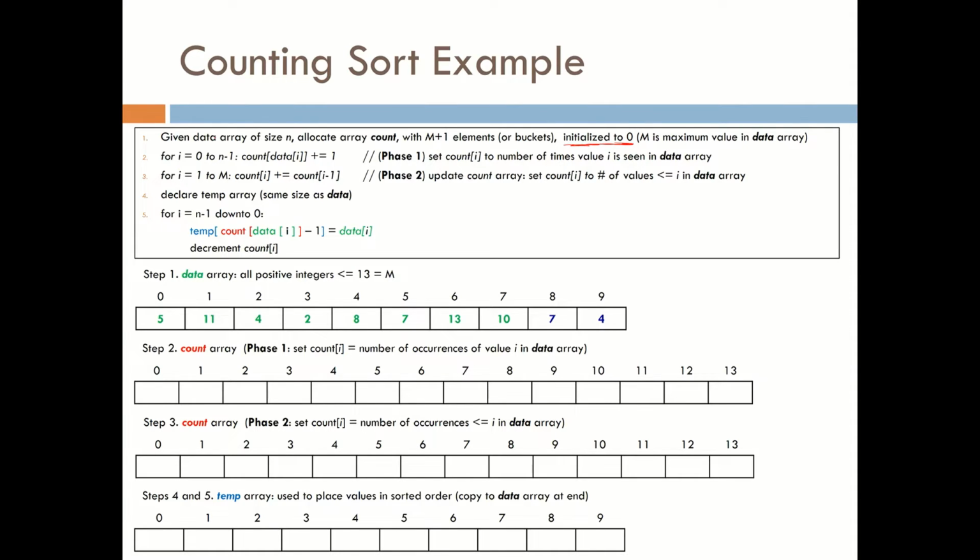We're given a data array of size n, and that's this data here. And you'll notice a couple of things. First of all, the maximum value inside this table is 13, and we assign that to m. And that becomes important because we have to allocate a count array that's of size m+1, as mentioned up here.